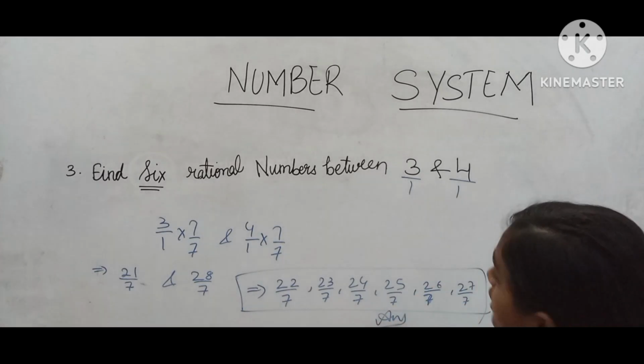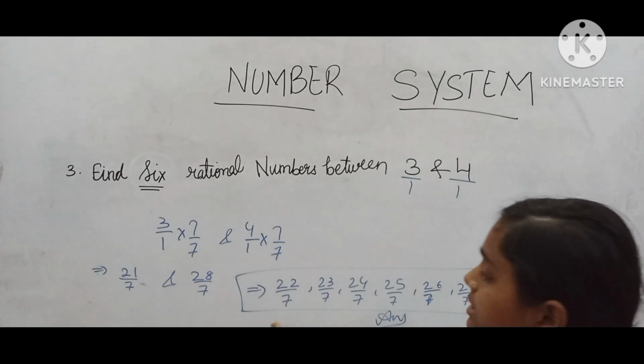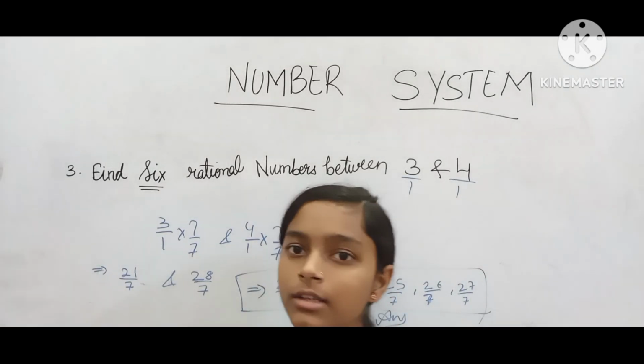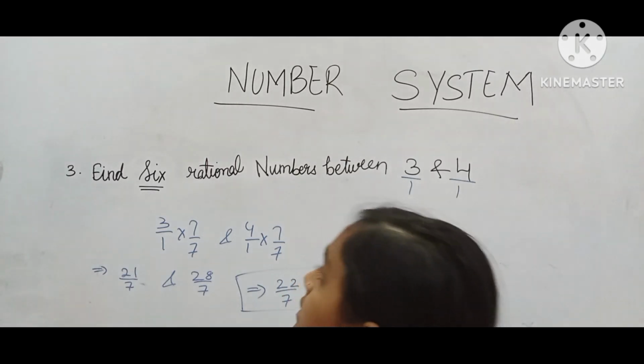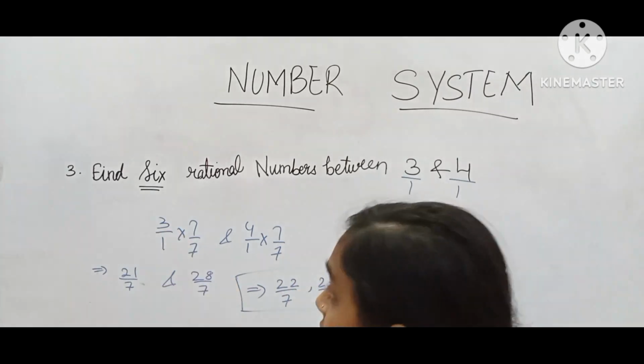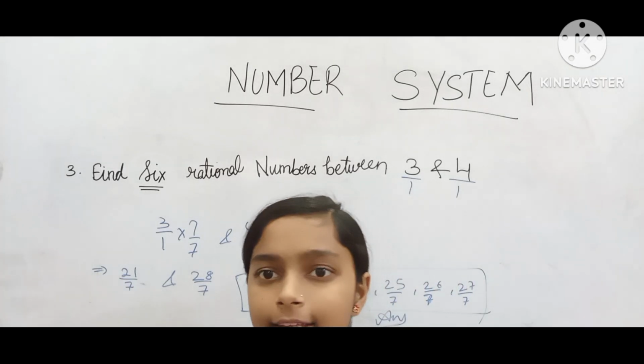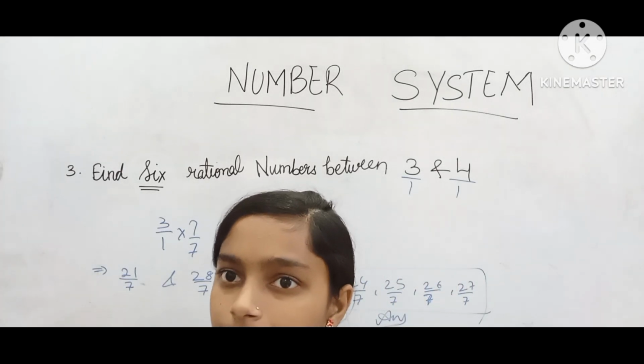So here we find 6 rational numbers between 3 and 4, and we can also take numbers ahead like 8, 9, 10, and we get 6 rational numbers. So we can take numbers greater than 6, but we cannot take numbers less than 6. Let's move on to the next question.